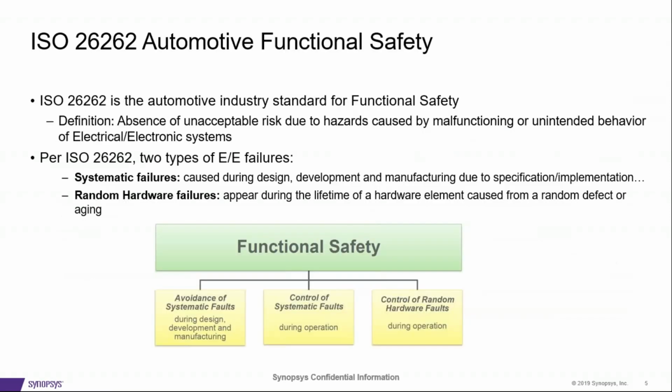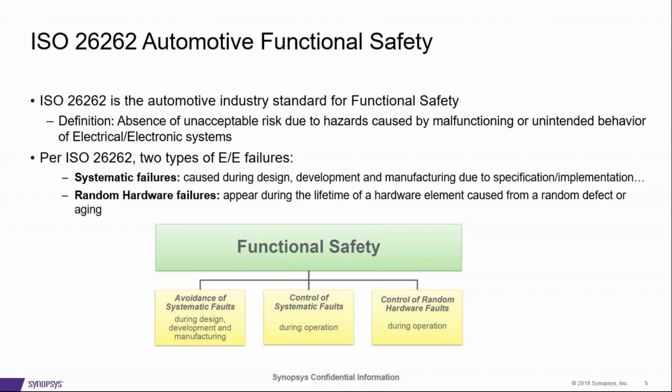So drilling down a little bit about this functional safety, the standard says that the definition is the absence of unacceptable risk due to hazards caused by malfunctioning or unintended behavior of electrical and electronic systems. That's the overall definition, which obviously is broad, and we need to drill it down so that we can actually get to something quantitative. When you look at the type of failures that can occur according to the ISO 26262, it talks about systematic failures as well as random hardware failures.